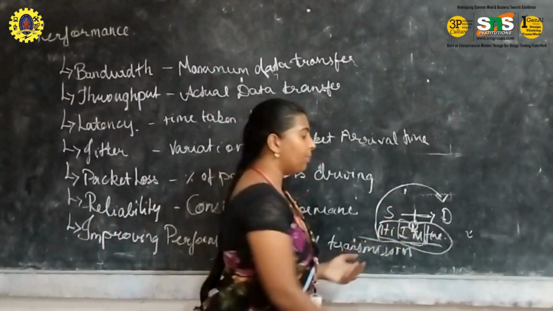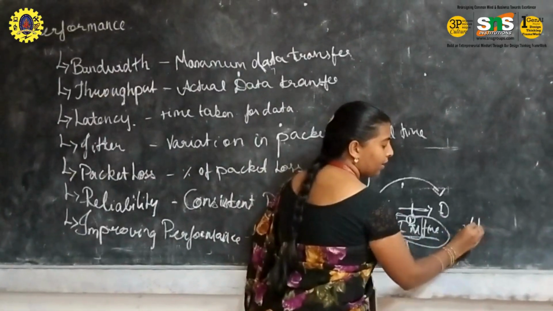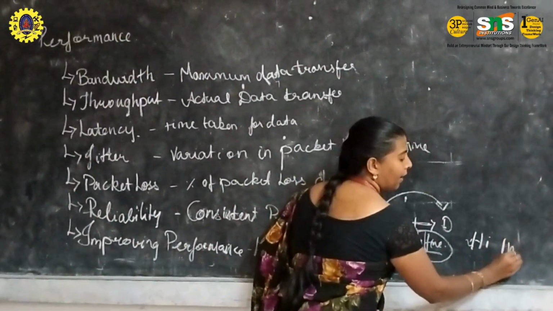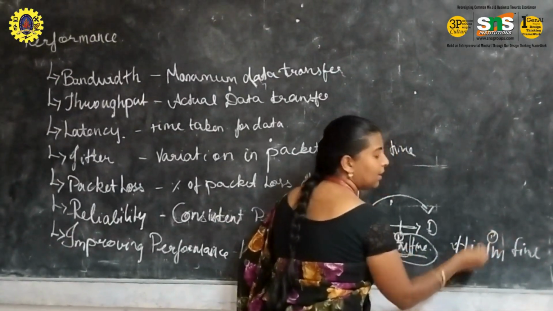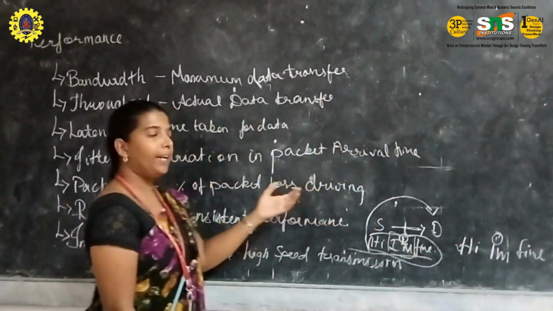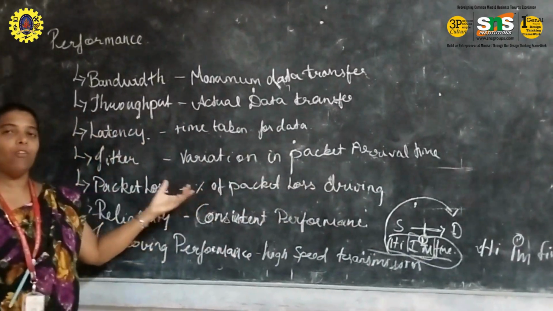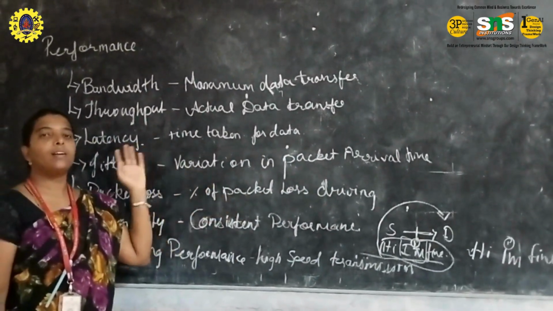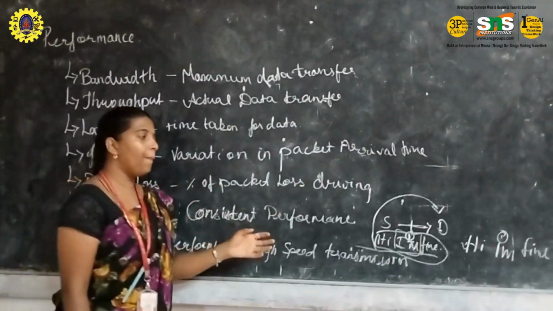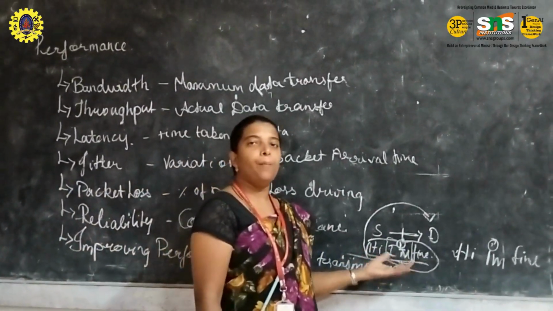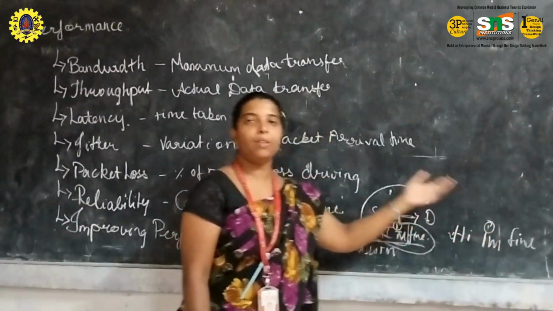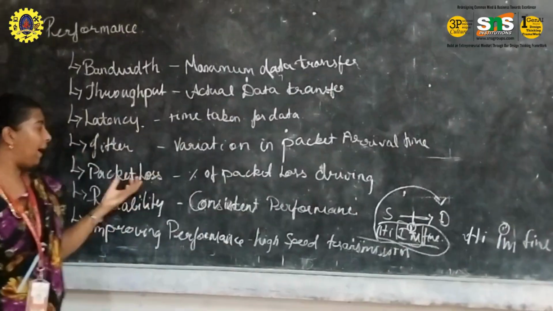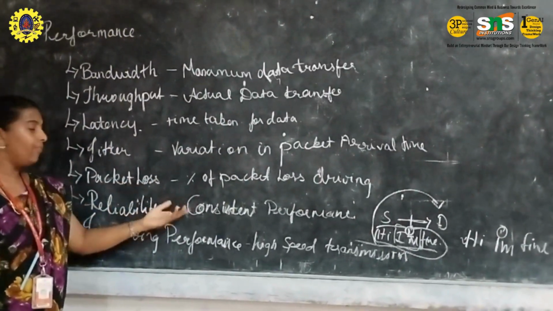When the message arrives, it comes as "Hi, I am fine" and the apostrophe is missing. This is calculated as the percentage of packet loss when transferring over the network. Over here you have the weightage of the packets, and over here the weightage is less. Through this we can find packet loss or variation.